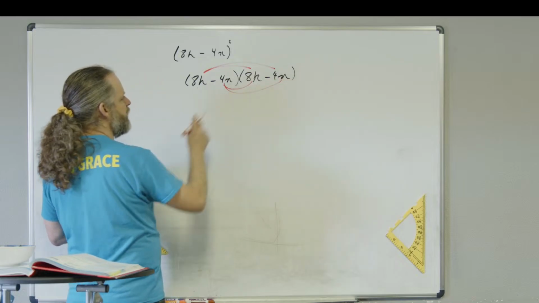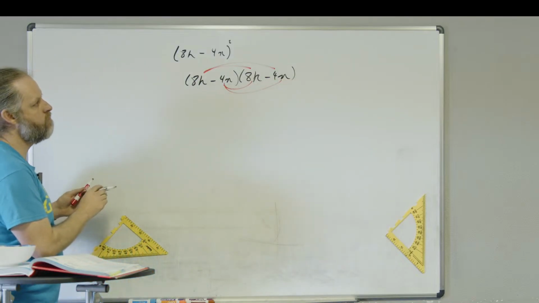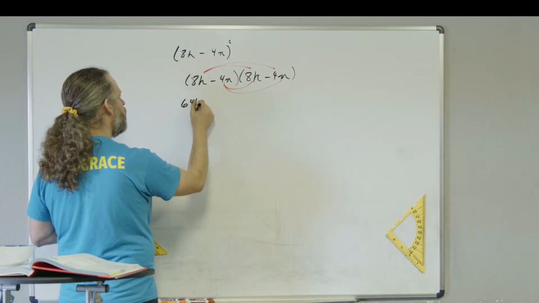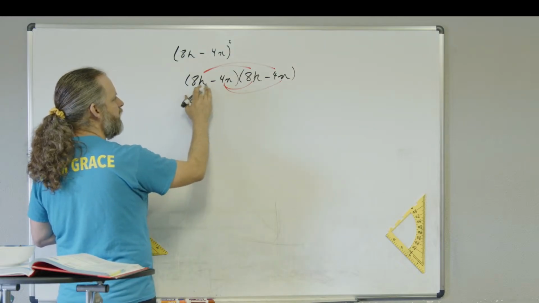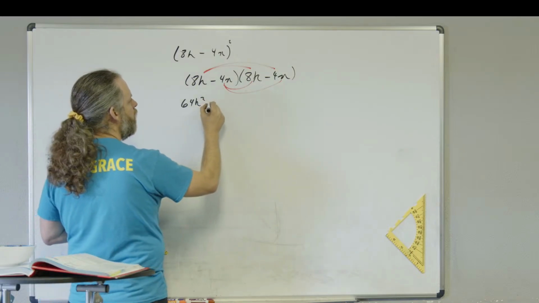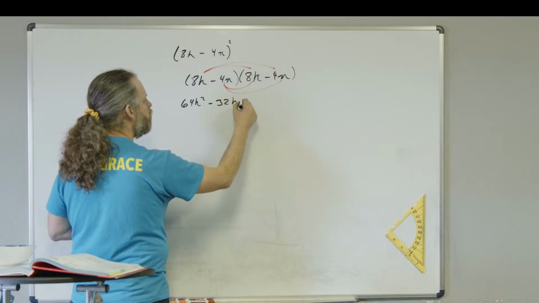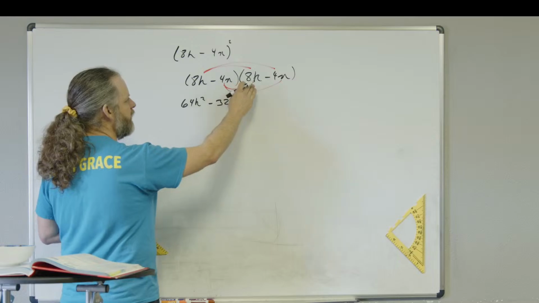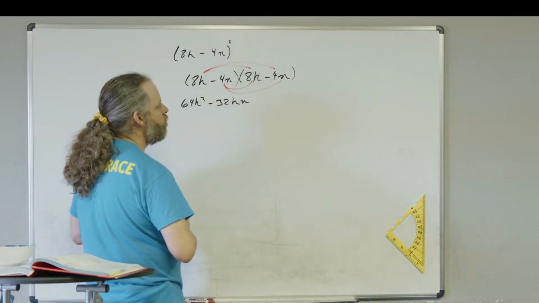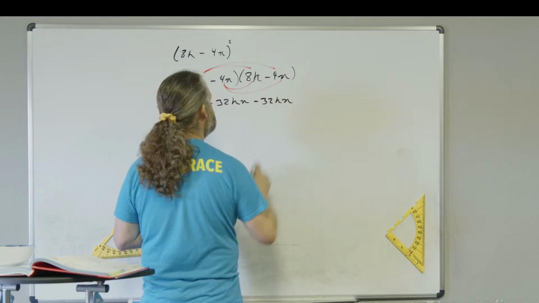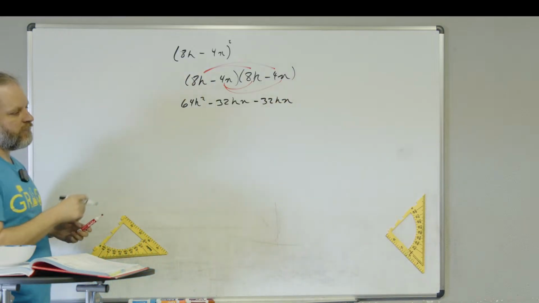What's 8h times 8h? 64h squared. What's 8h times negative 4n? And then what's negative 4n times 8h? And then what's negative 4n times negative 4n?